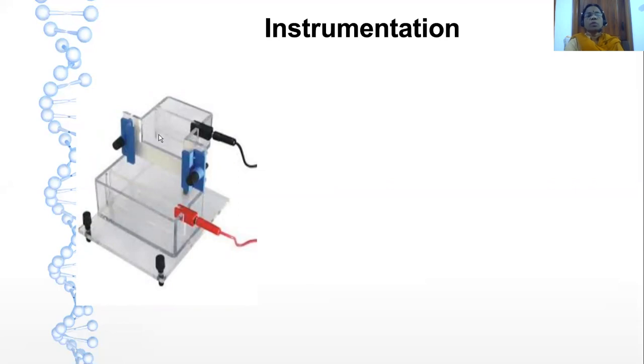That has to be transferred and fixed onto this instrument. After that, pour the buffer and load the sample. The buffer has to be loaded in both the upper tank as well as the lower tank, then connected to the electrodes, and the power supply switched on. This is the instrument required for vertical gel electrophoresis, or PAGE.